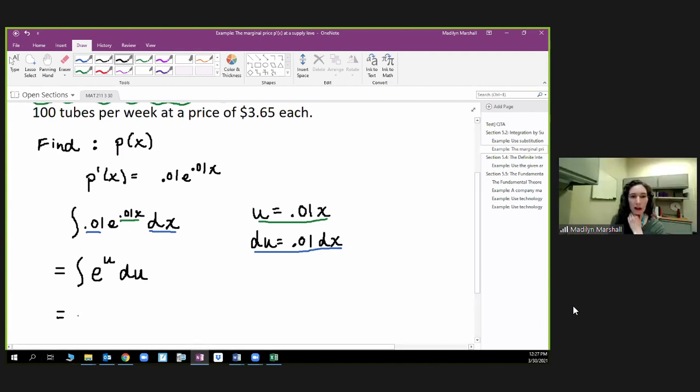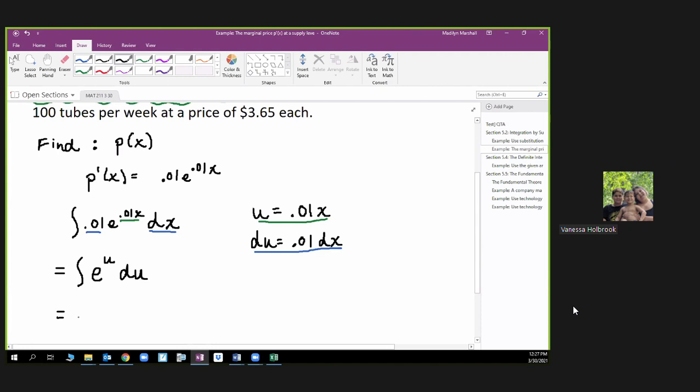What's the integral of e to the u? E to the u plus c. Yes, exactly.